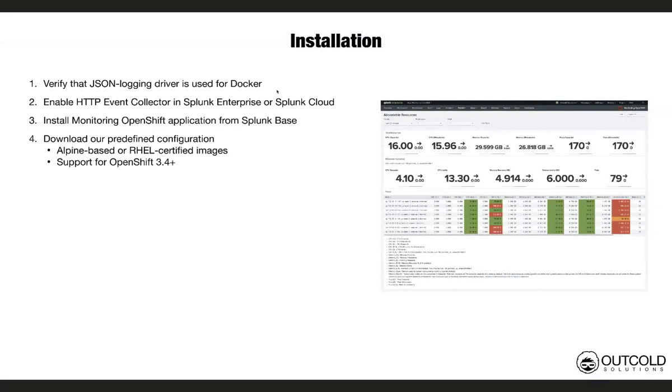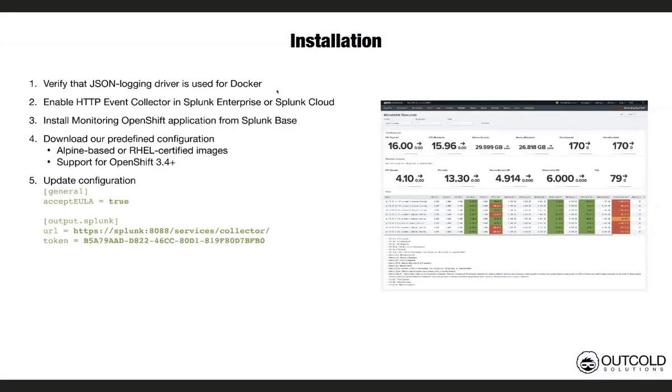We have one Alpine based, for example for people who use Origin, and another one based on Red Hat certified images from the Red Hat registry. If you're a Red Hat customer, you will want to use that. And we support OpenShift starting from 3.4.